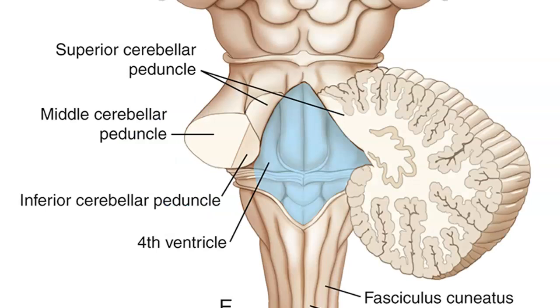And again, here's a picture showing us how close these sections of the brain are in contact with each other. You've got the cerebellum, you can see the cerebellar peduncles, you can see how they're sitting really close to the medulla, the brainstem.